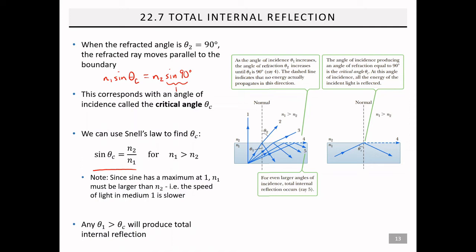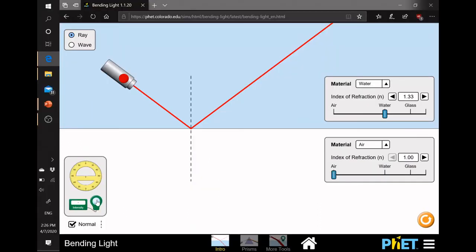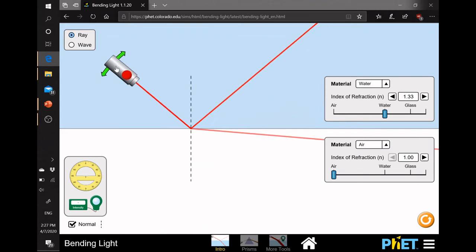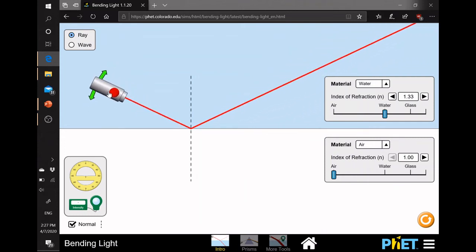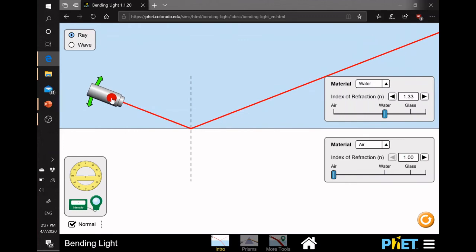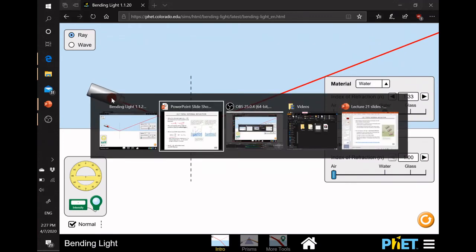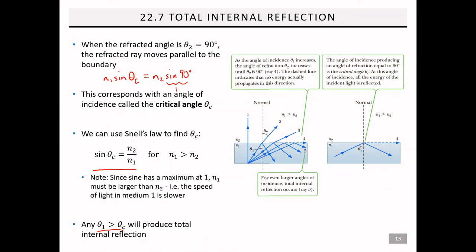Then, any angle of incidence which is larger than the critical angle will produce total internal reflection. And this we can see in the simulation as well. Once I pass the critical angle, where I get total internal reflection, any angle of incidence greater than that critical angle will give me total internal reflection. And a technical side note, the left side of this equation, sine of theta, is at most 1. Sine in general has a maximum at 1.